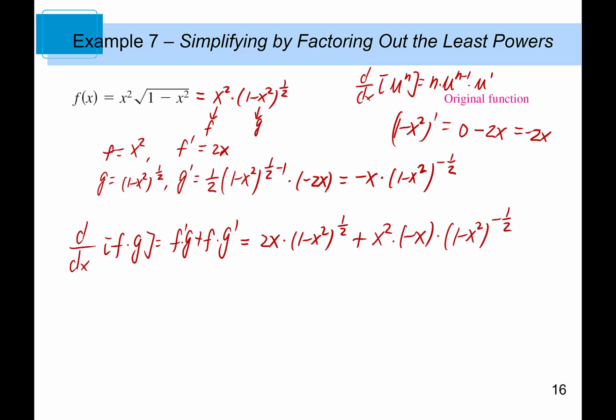Okay. So right here we're going to factor something out, right? So let's factor out the GCF of x and (1 minus x squared) to the negative 1/2. And whatever remains is 2 times (1 minus x squared) to the first power, minus x squared.